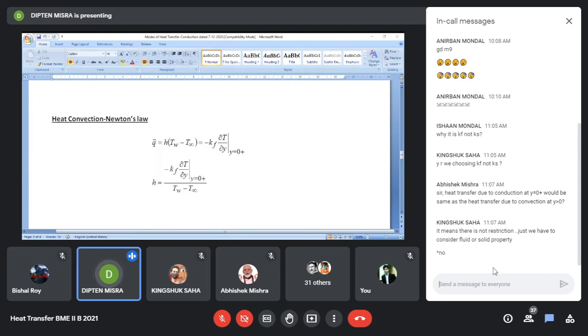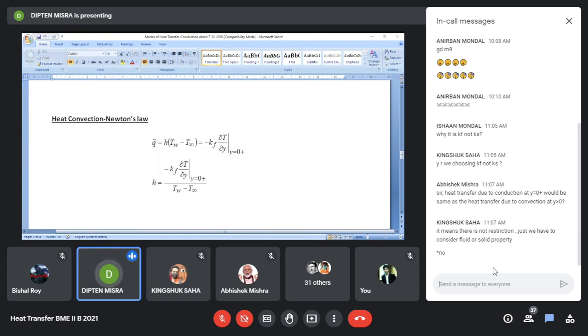There is a restriction. Restriction is that if we can calculate the temperature gradient in the solid domain, then we can multiply that with the conductivity of the solid. If we can calculate the temperature gradient in the fluid domain, then we can multiply with the conductivity of the fluid. Where we can find out the temperature gradient, accordingly will be multiplied the conductivity of that part.